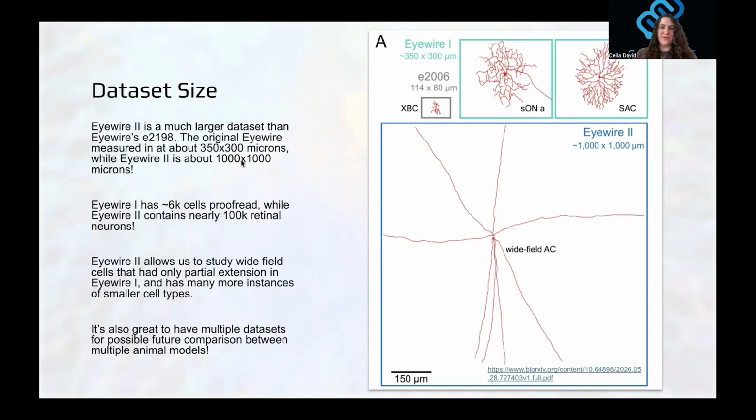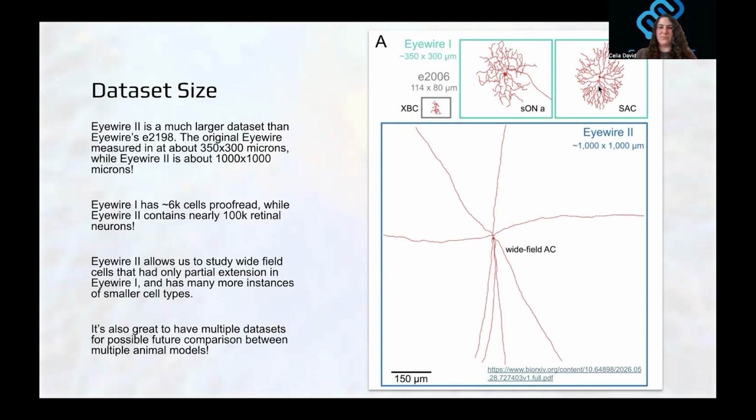And because we're not working in the cube system on Eyewire 2, the AI is much more powerful and is able to reconstruct much more of the cells at once. And then we're also able to get much more of a visual on these big wide field cells, like this example one here, and also a lot more examples of some of our smaller cells, like this starburst cell that you're seeing here.